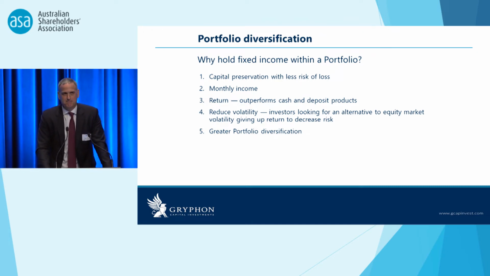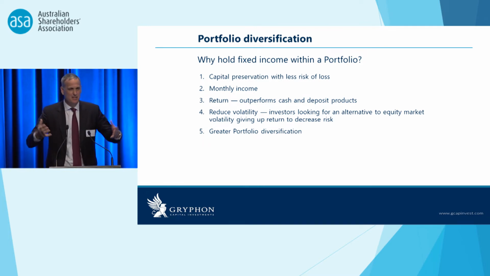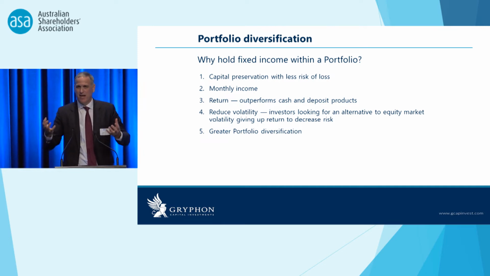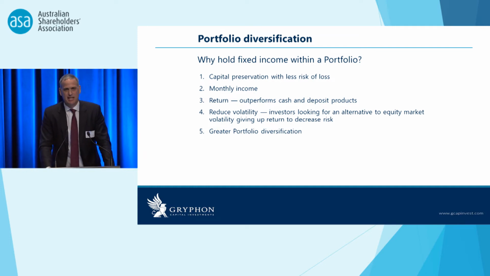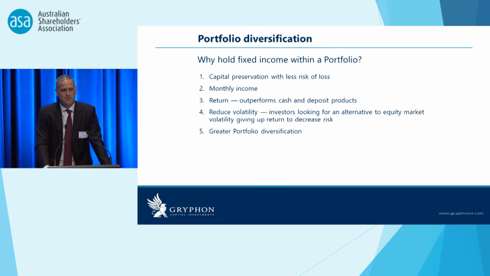So, we've talked about bonds, we've talked about the returns, now we've talked about the principal. Now we need to consider, okay, what is the amount? How do you value the income component if it's much higher than other competing cash and deposit-like products?